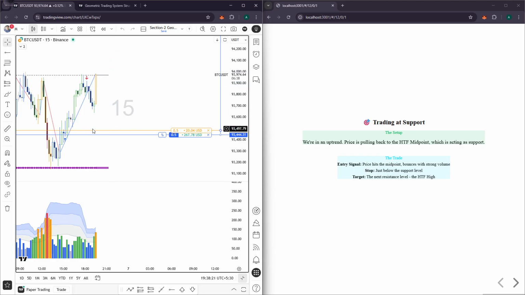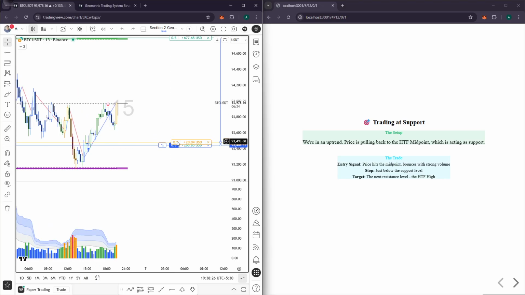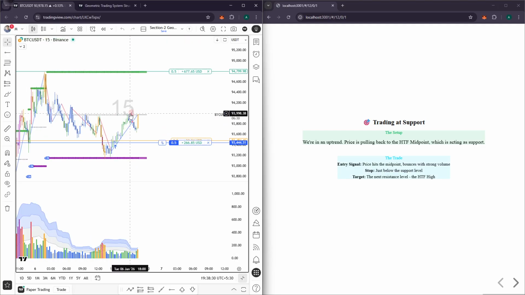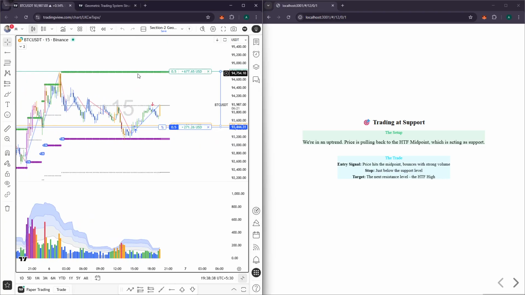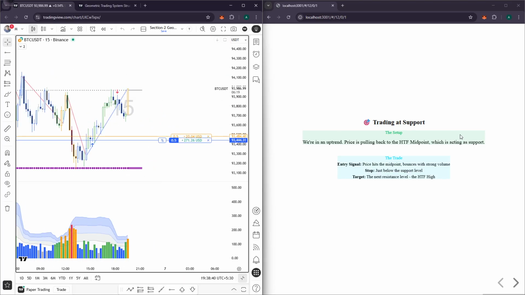If we had closed the trade, we would have taken very little profit. That's why I moved the stop loss to break even, just above that, so that I know this support level holds. This was the trade setup, and it's a really beautiful example to show you live that this works, because it's mathematics, guys.